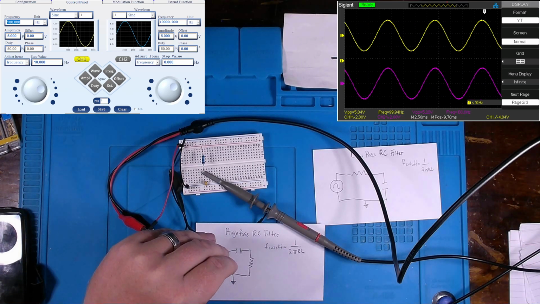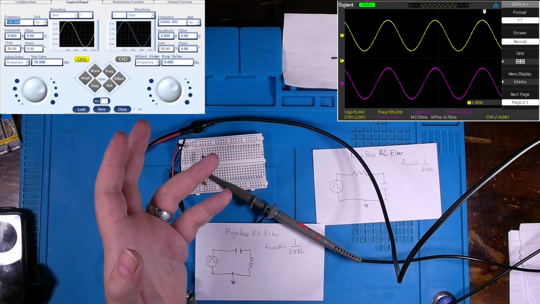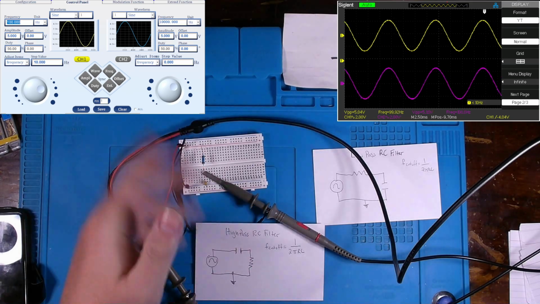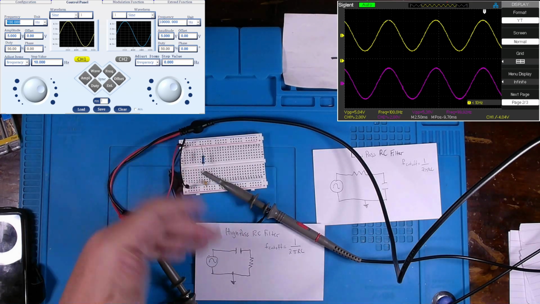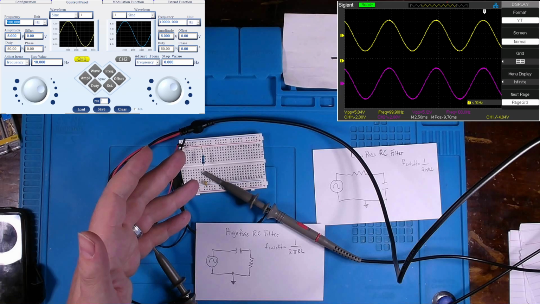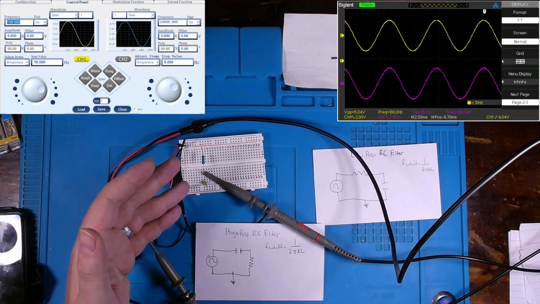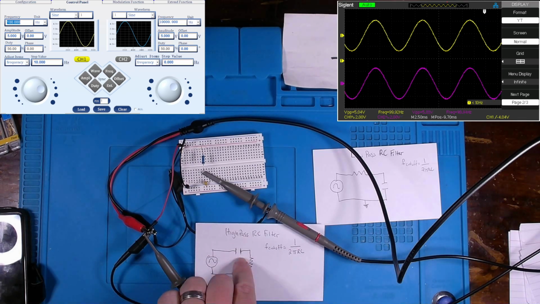So if we're seeing like 48 volts AC, I'm just making something up, I'm going to need at least a 50 volt capacitor, and then more than likely I'm going to double that to a 100 volt capacitor at whatever value I need.